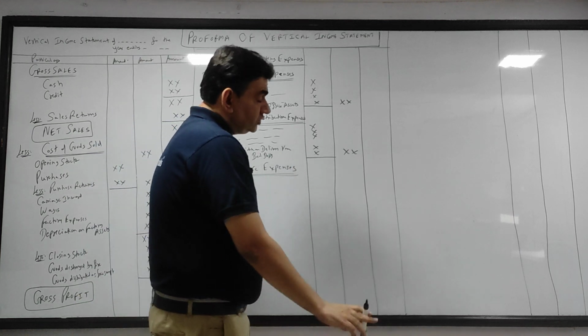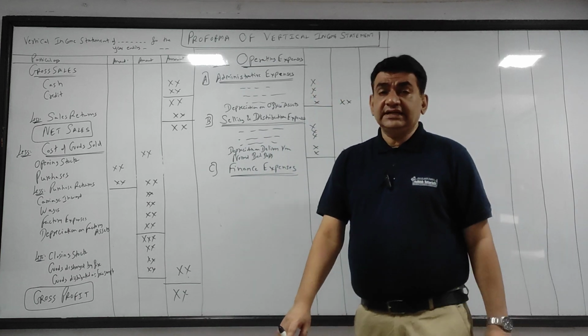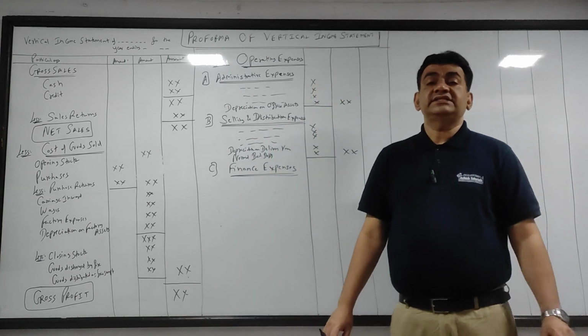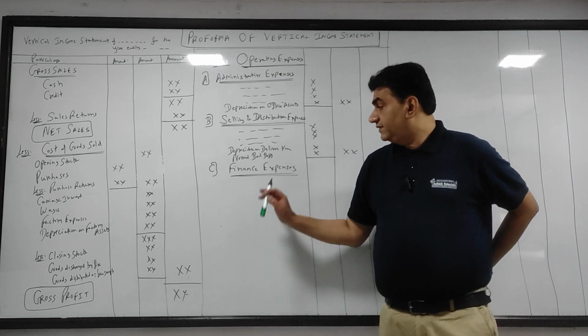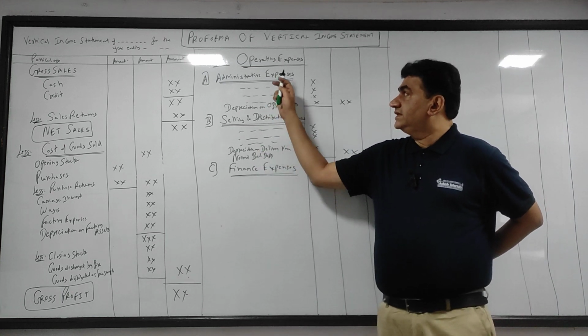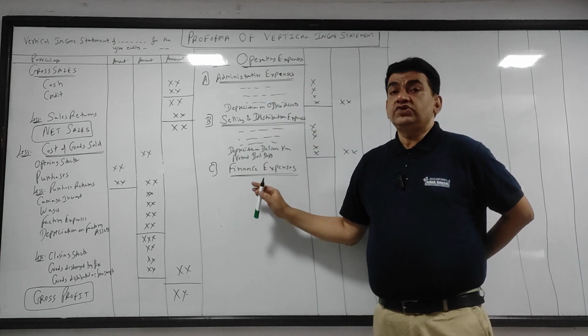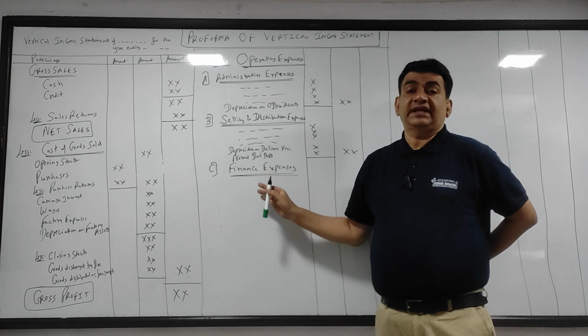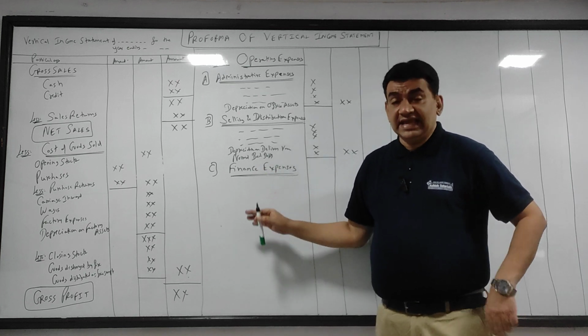Now, finance expenses are expenses which are incurred connected with raising money or finance. But यहाँ पे finance expense, since it is a part of operating expense, you have to just see short term finance. Long term finance का expenses यहाँ पे नहीं आएगा.